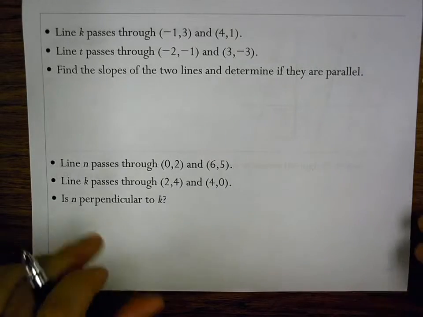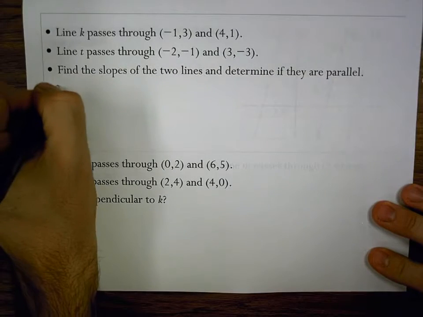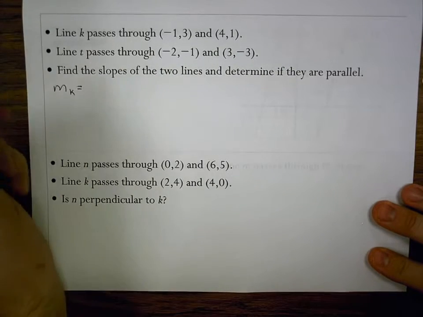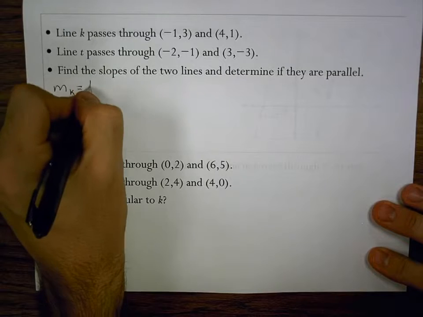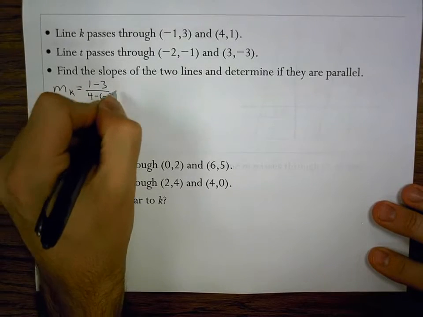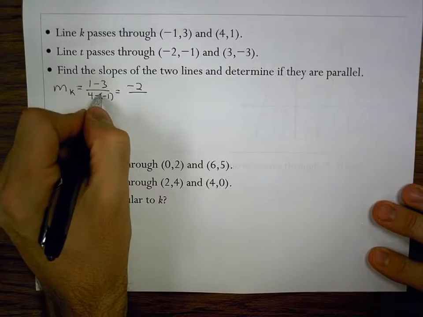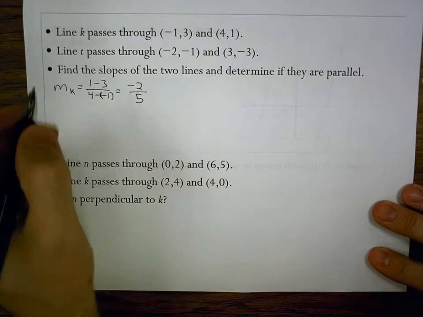So let's start working through looking if we have parallel and perpendicular. So I have line K passes through those points, so the first thing I'm going to do is find the slope of line K. I could say 1 minus 3 over 4 minus negative 1. You get negative 2 over, and that becomes plus, so 5.